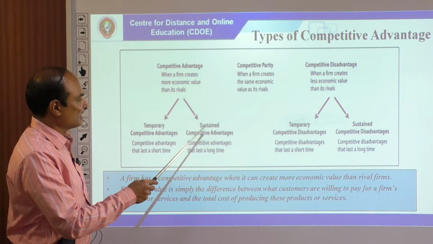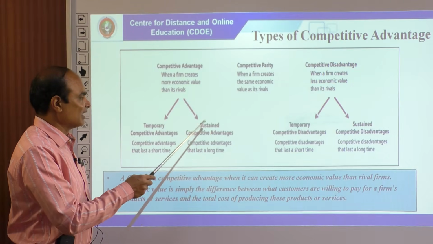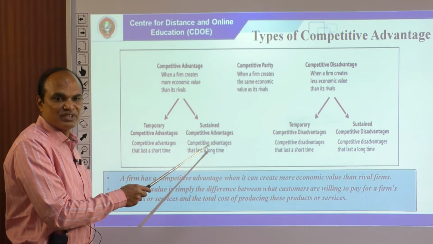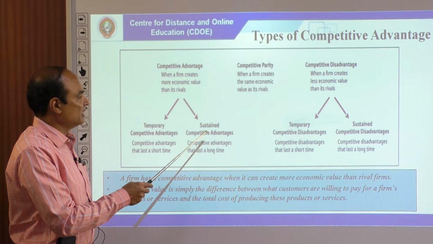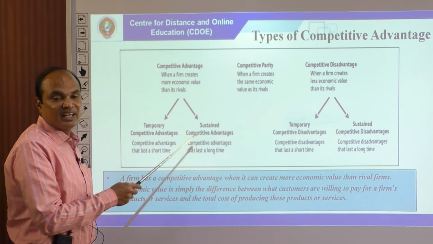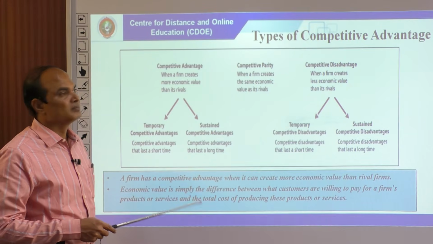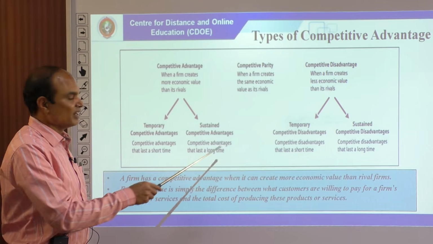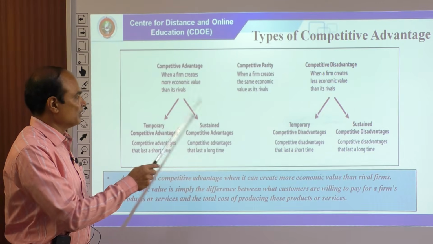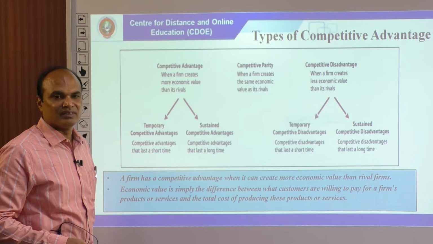Unless the firm continuously, constantly, persistently puts its efforts into sustaining those competitive advantages, and a firm cannot remain complacent that it has achieved sustained competitive advantage.